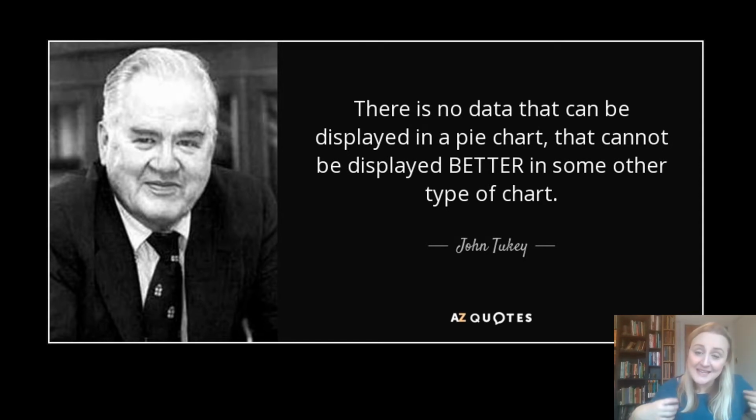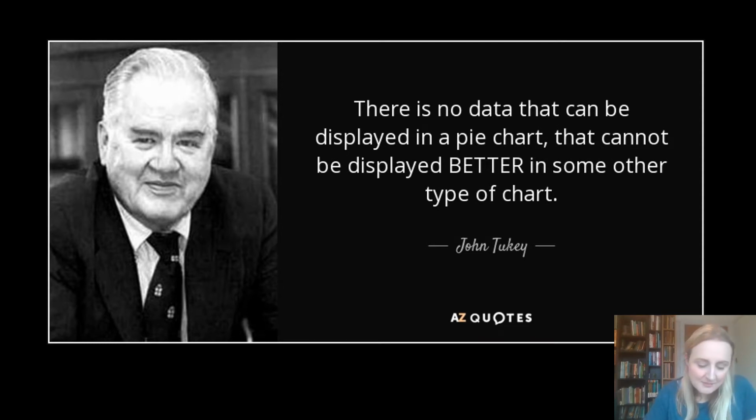So he invented representations that we now use, and if he said something about a representation, then you listen to it because he really knew what he was talking about. And he's saying that pie charts are rubbish. He's saying don't use them. He's saying there is no data you can display in a pie chart that you can't find a better chart for. And we'll look at some examples of bad pie charts and good pie charts.